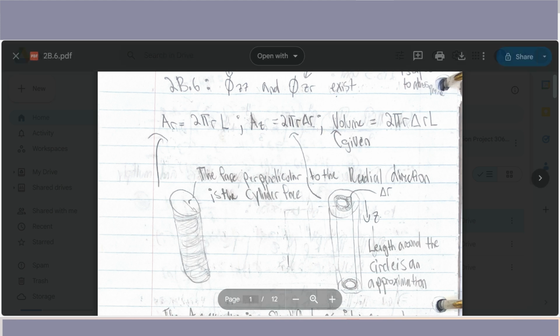And then AZ, it's not really relevant for this problem, but in the Z direction, it would be the face that the Z direction is perpendicular to, and that would be a thickness delta R and a length 2 pi r, because this length here is 2 pi r.